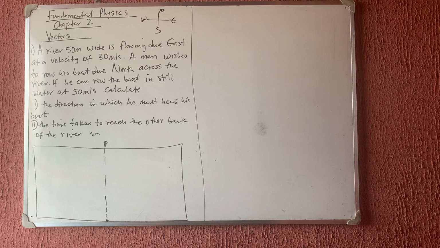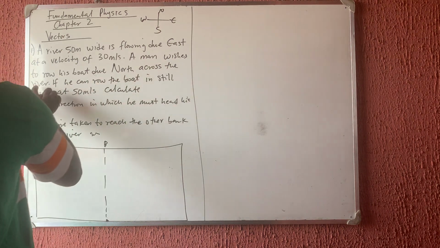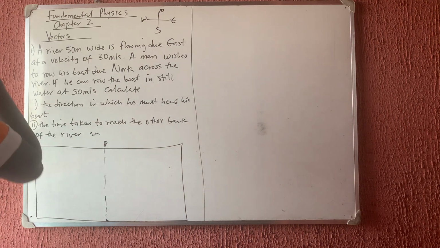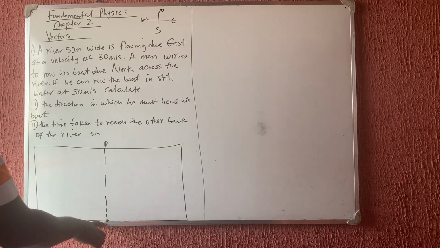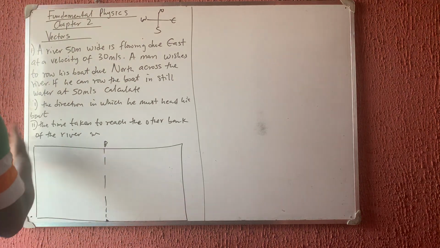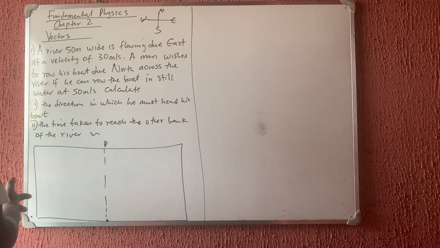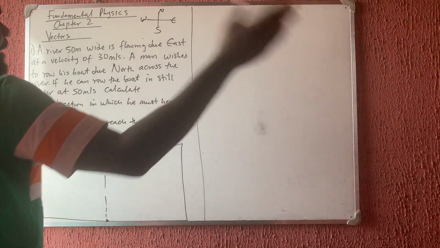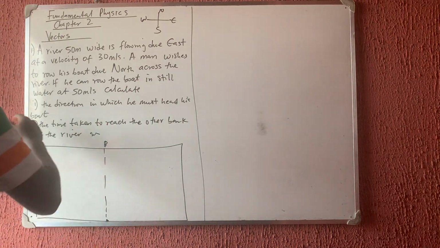He can row the boat in still water at this velocity. And you should know that if somebody wants to cross a river and the river is moving this way, that person should move against the river so that the friction will help him. But if he's moving in the direction of the river, there won't be friction, so the river might carry him to another place. The river will just flow with him.